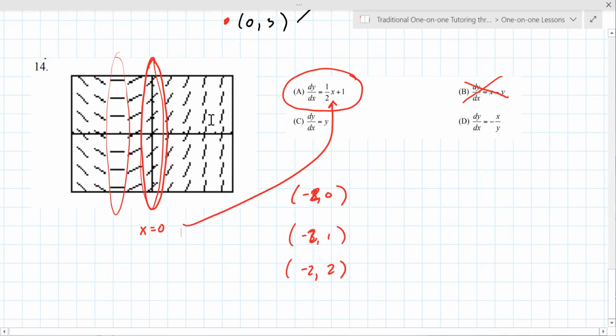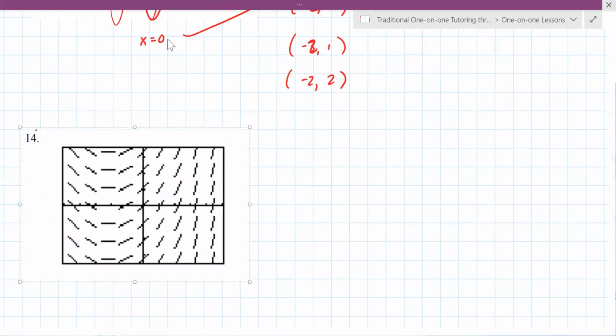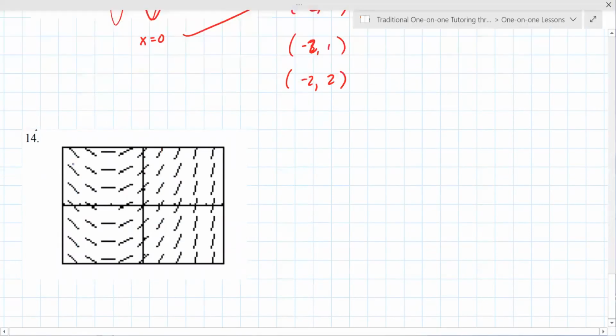Now, another thing that you can do, and this is a little bit more of an advanced way of doing this, you would see this in your differential equations class, and maybe your instructor said this, is sometimes you try to trace the solution. And you say, oh, those look like quadratics. Do you agree with that?